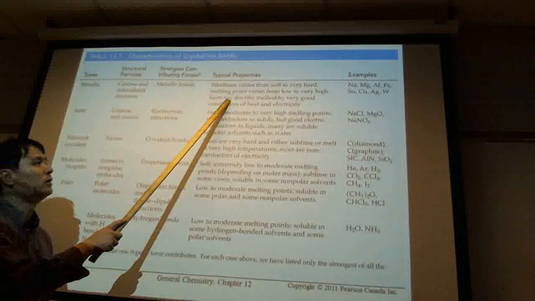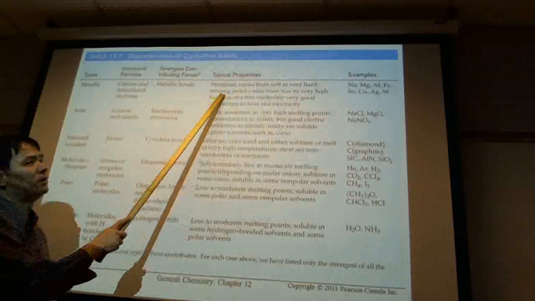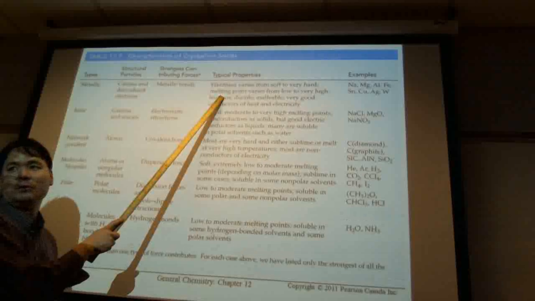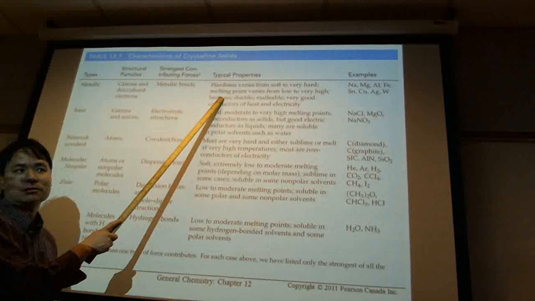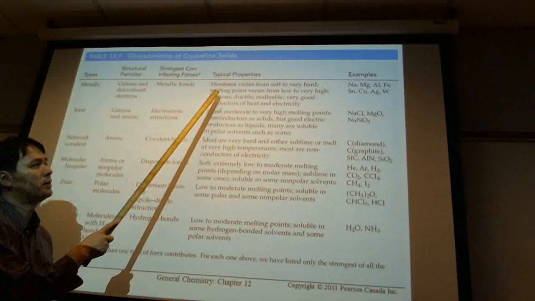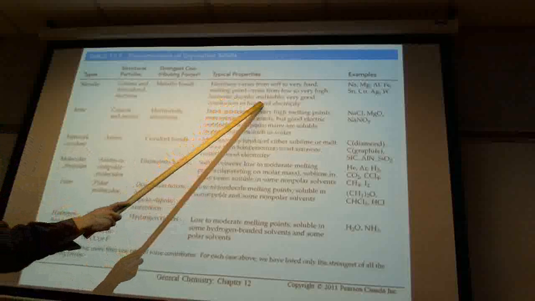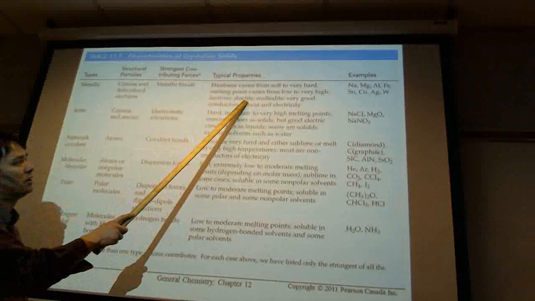Tungsten is quite hard. And the melting points vary from very low, like cesium will melt almost at room temperature, whereas tungsten melts at extremely high temperatures. Platinum, extremely high temperatures. They're all fairly ductile, which means you can draw them into wire.